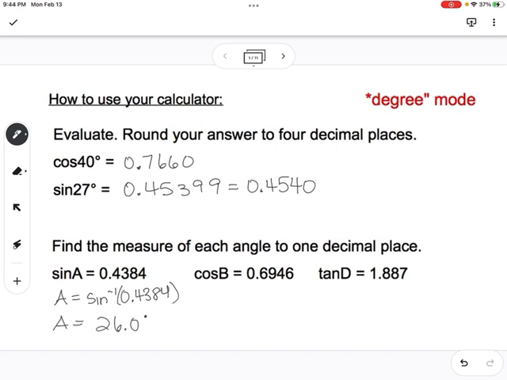Okay, the next one, cos B equals 0.6946. Again, to get the angle by itself, you want to move cos to the other side. It'll become a cos inverse. So angle B is equal to cos inverse of 0.6946.